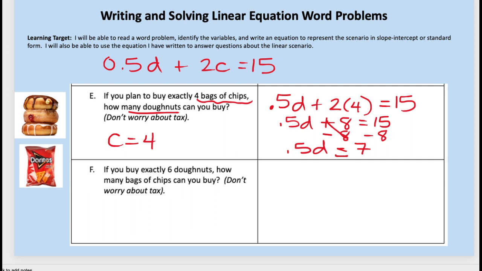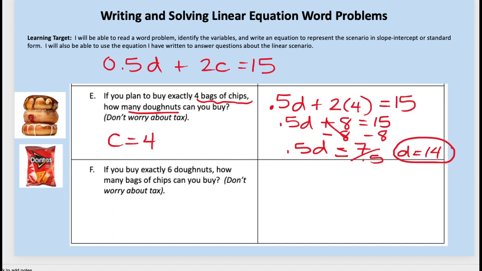I'm going to use inverse operations, which means I'm going to divide both sides by 0.5. 0.5 divided by 0.5 is equal to 1, so that isolates the D. And then 7 divided by 0.5 is equal to 14. So that means if you buy exactly 4 bags of chips, you have enough money to buy 14 donuts if you're not taking tax into account.